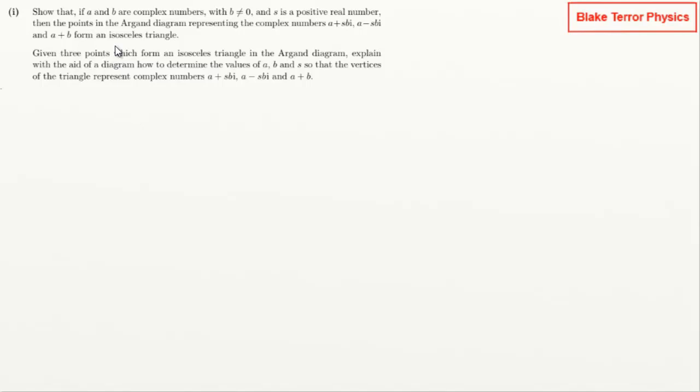Right, so we're trying to form a triangle. Really we're just treating these complex numbers as vectors in the complex plane, because we're just drawing a shape off of this. So we've got A + SBi, A − SBi, and A + B. We go from the origin up to A, with whatever A is, let's call that point A, with vector A getting to it.